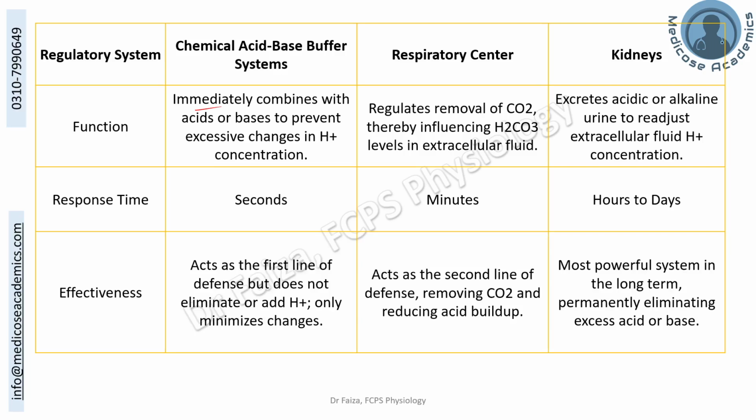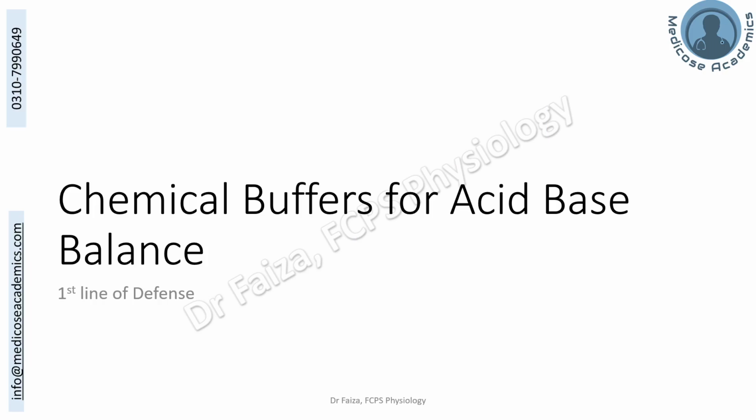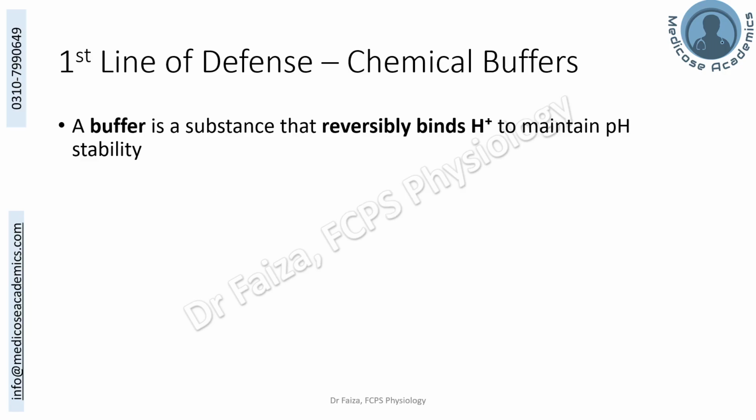Chemical buffers act as the first line of defense, but they just minimize the change in the pH, they cannot eliminate the cause. The respiratory system acts as the second line of defense, much more effective than the chemical buffer system, but the most powerful are still the kidneys, which can permanently eliminate the excessive acid or base. To discuss the chemical buffers for the acid-base balance, the first line of defense, let's first see what buffers are.